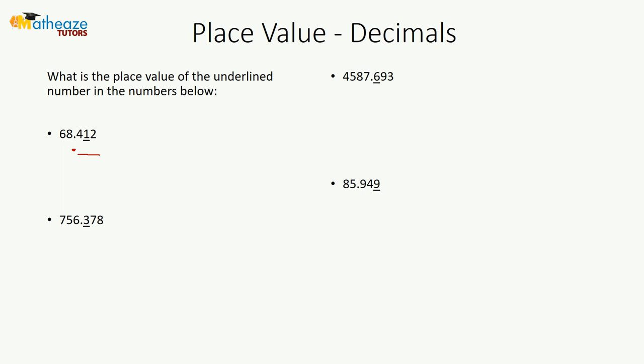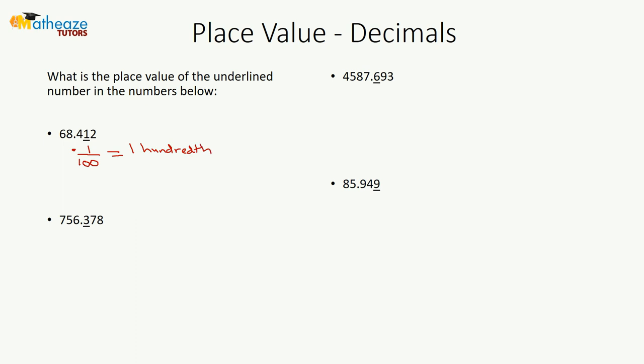We count the number of places after the decimal point: 1, 2. So the number is in the second place after the decimal point. So we're going to put a 1 out here, and then we're going to put 2 zeros to represent the decimal place. This gives us 1 over 100. So this is going to be hundredths, with a th at the end.